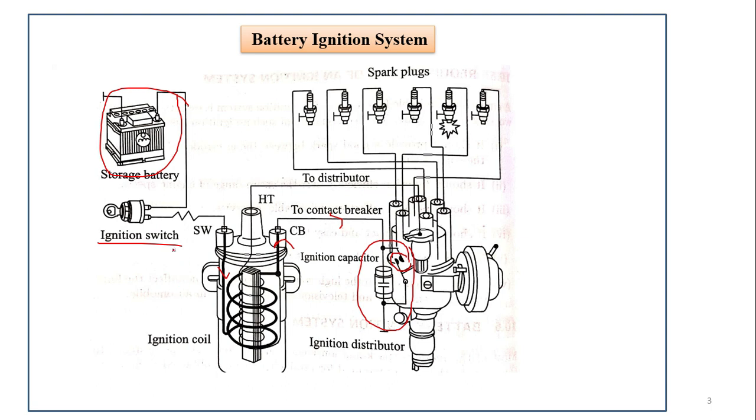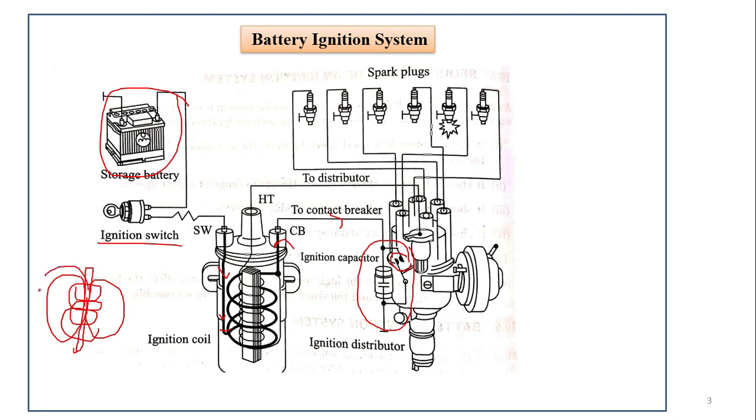So the current intensity will drop, and we know that when current is flowing in the primary circuit, and if you place any conductive material in between, then definitely a magnetic field, or flux lines, will be generated.